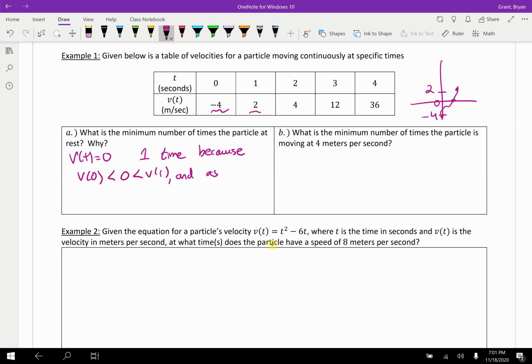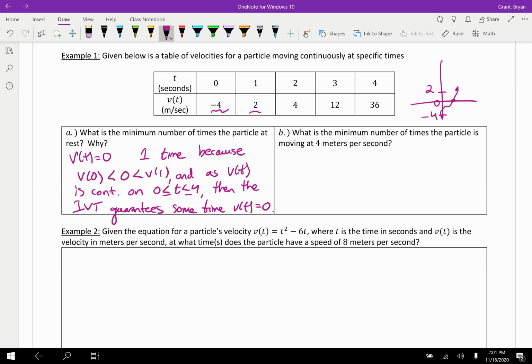And as v of t is continuous, do we see where we're going yet? On t from 0 to 4, closed interval, the IVT guarantees some time where v of t equals 0.